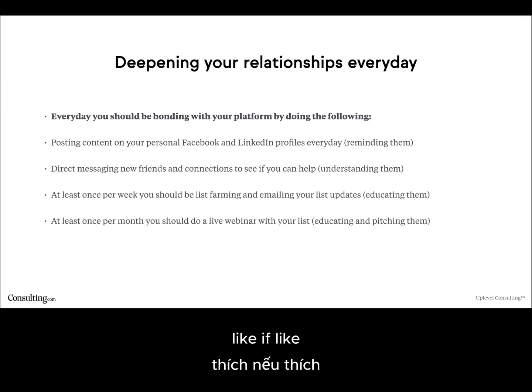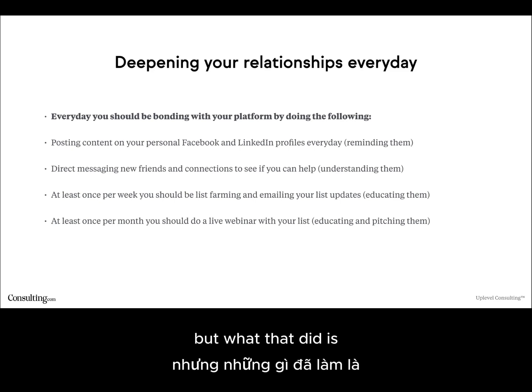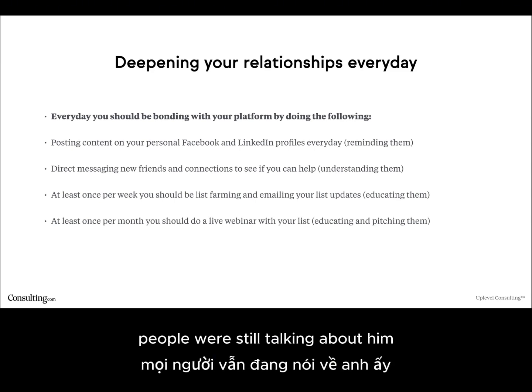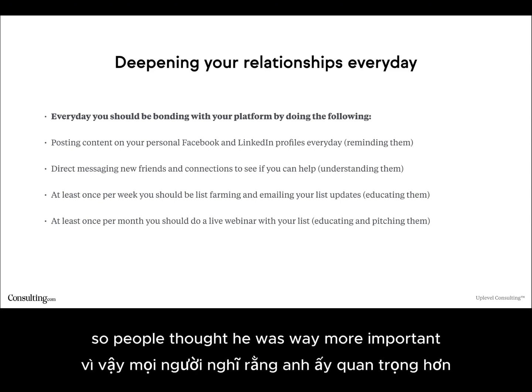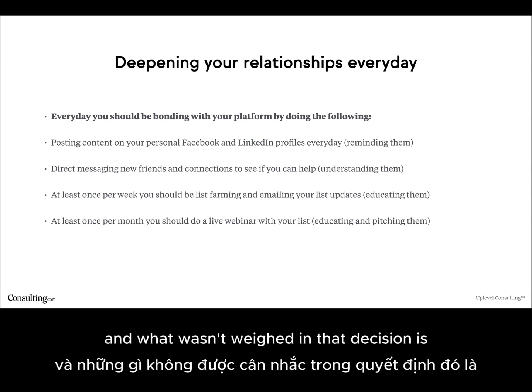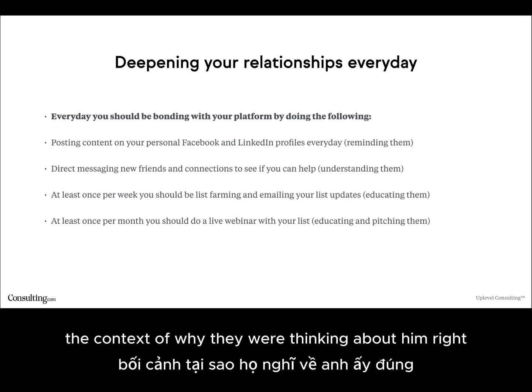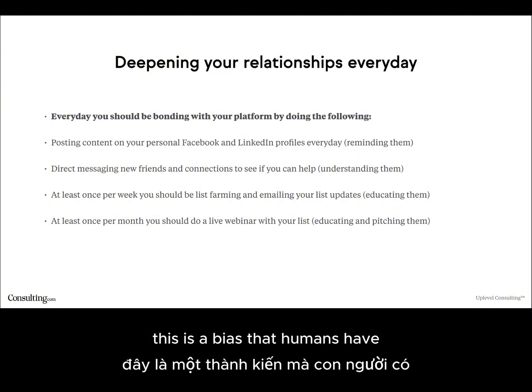There was barely anyone saying anything good about him. But what that did is people were still talking about him. He was in their minds. So people thought he was way more important just because they were thinking about him a lot. And what wasn't weighed in that decision is the context of why they were thinking about him.